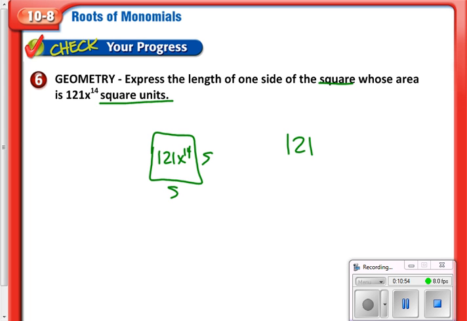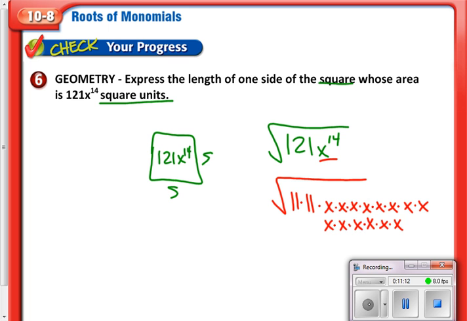So when you take 121 x to the 14th power and put that in a square root, break everything down. Well, 121 we know is divisible by 11, so it is 11 times 11. You have 14 x's in there, so I'm going to put 14 x's down. There's what we'd have inside that square root. Square root.